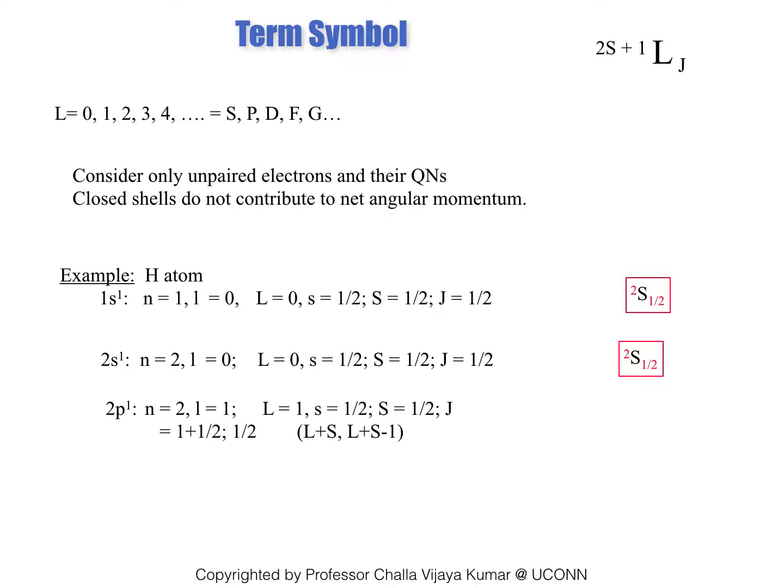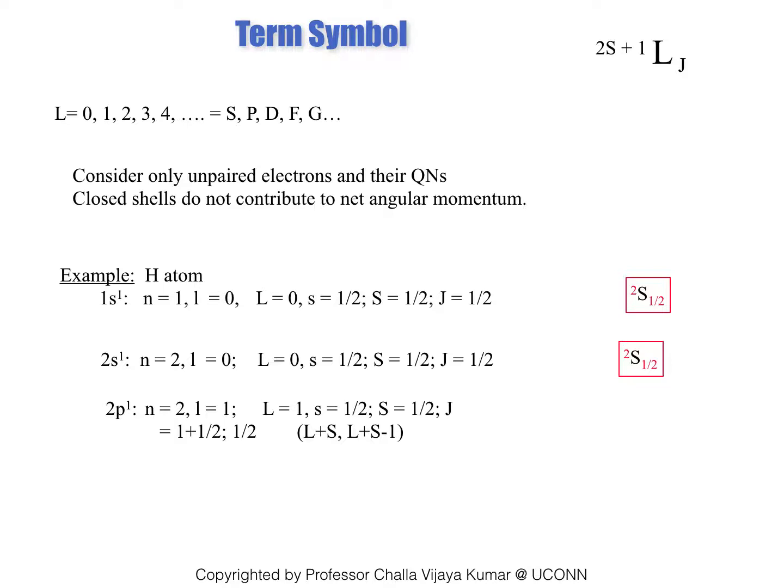Then let's say you have a 2p1. This is the electron in the p state and all the others are filled. Since it is 2p, n is 2. Since it is a p, l equals 1 now, so capital L also equals 1. Small s is 1/2 since there is only one electron, and the total spin capital S is 1/2 as well.